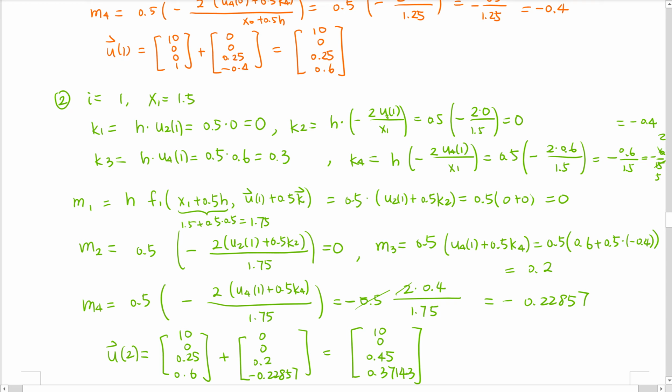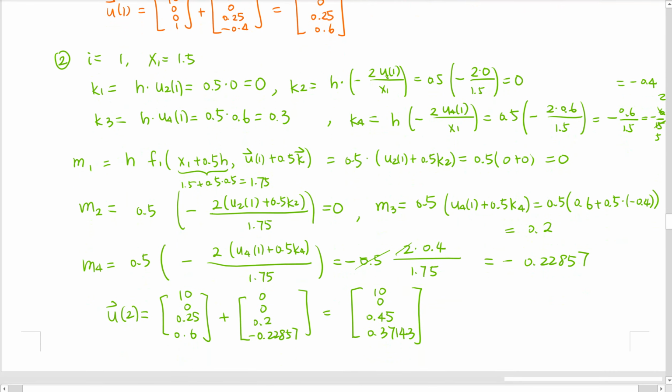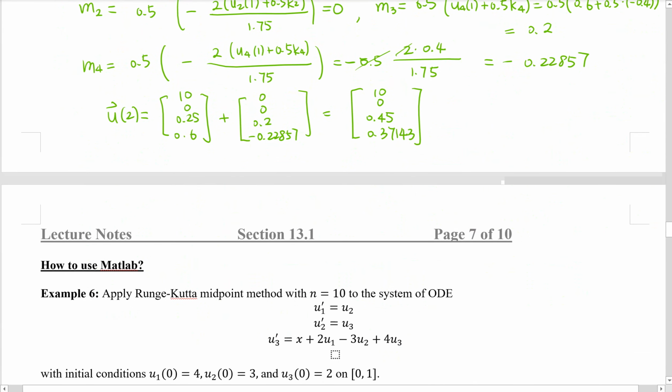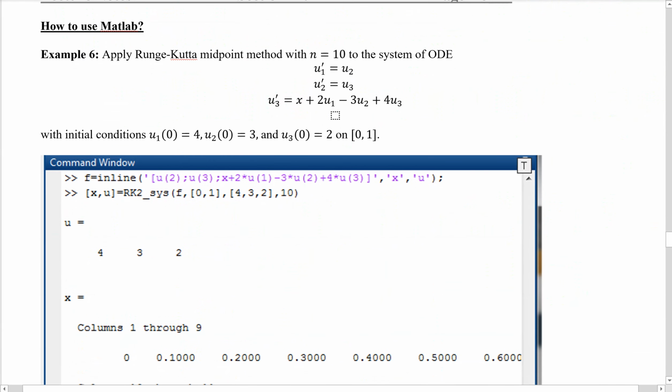Okay, so this is the second order Runge-Kutta method. It's also called the midpoint method. Okay, now let's talk about how to use MATLAB. Here we want to apply the Runge-Kutta midpoint method with n equals 10 to the system, with the initial conditions.